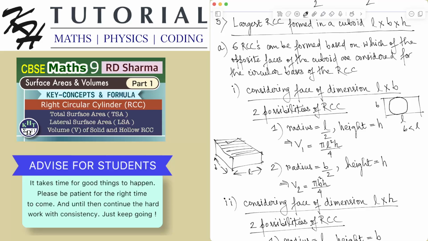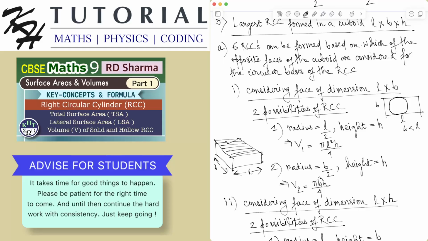So definitely we will consider the smaller. If L is less than B, then obviously the diameter of the largest circle will be L. So the radius will be L by 2, and the height will be H.